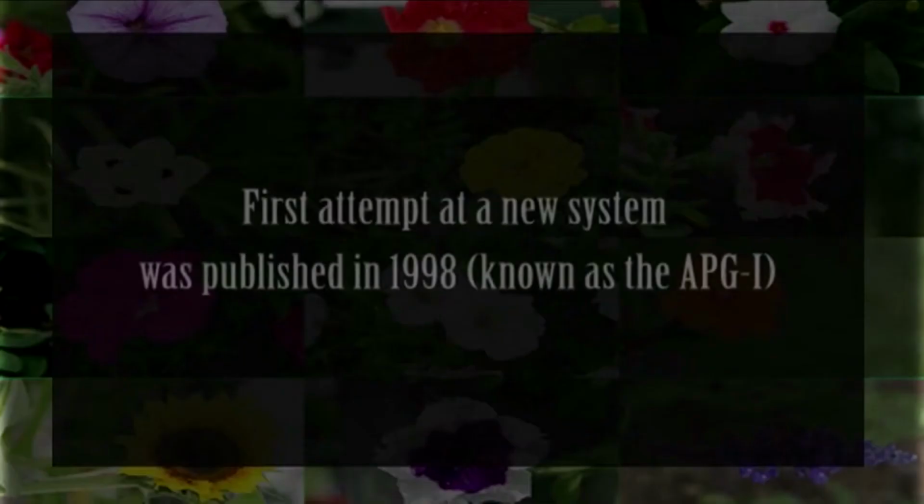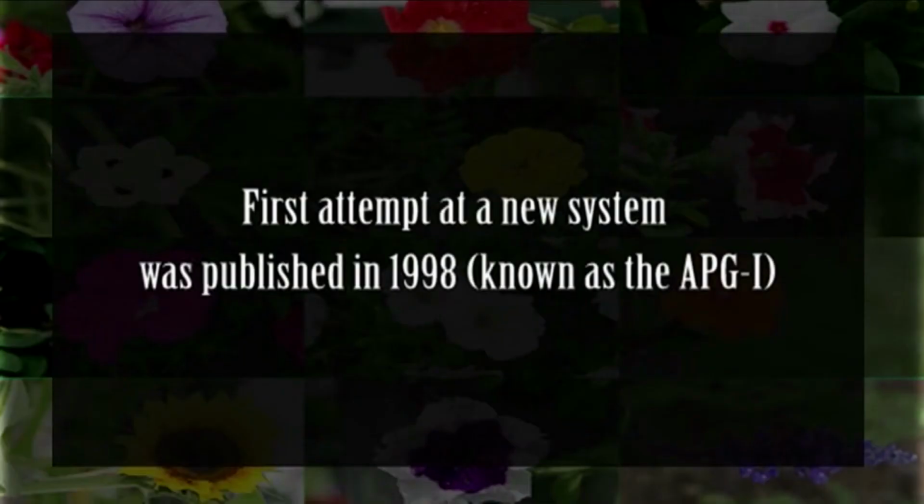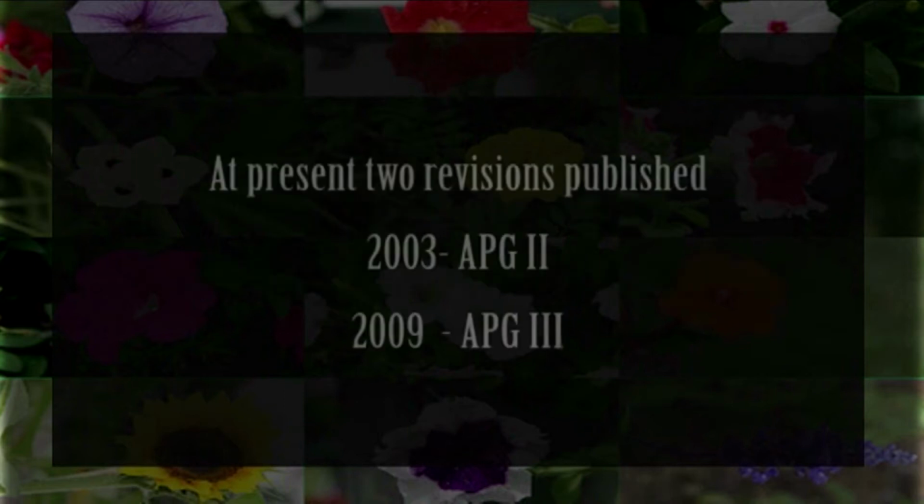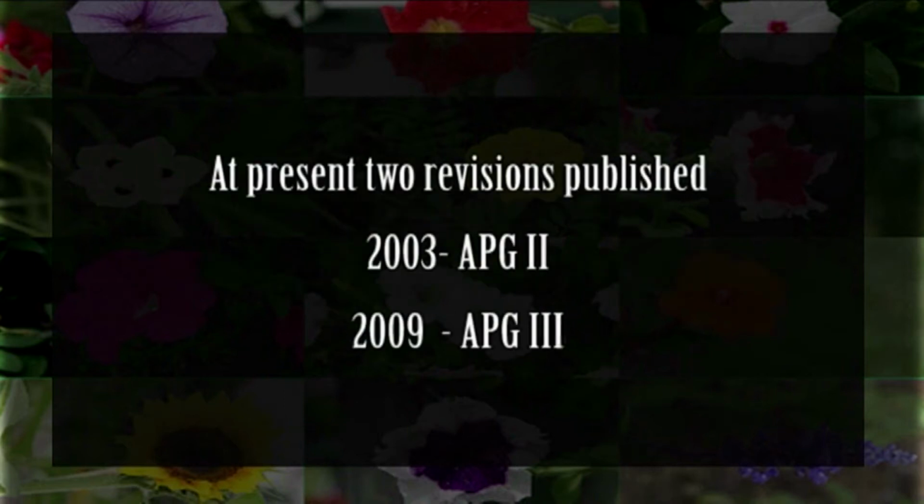The first attempt by this APG group was published in 1998. That system of classification is known as APG first. At present, 2 more versions of this Angiosperm phylogeny group have been published. First, in 2003, that's known as APG second, and the latest one in 2009, that's known as APG third.